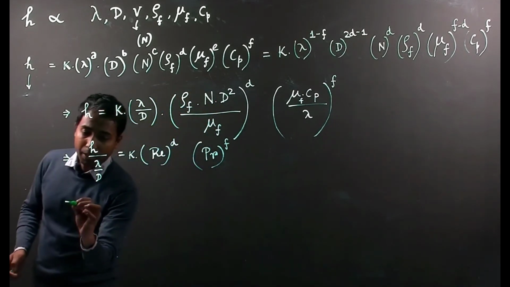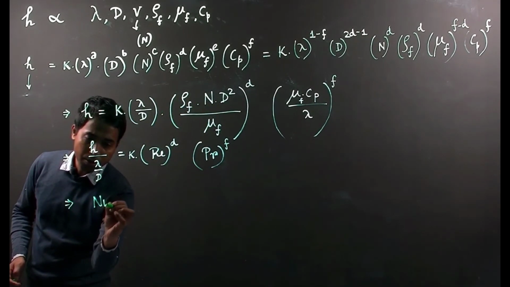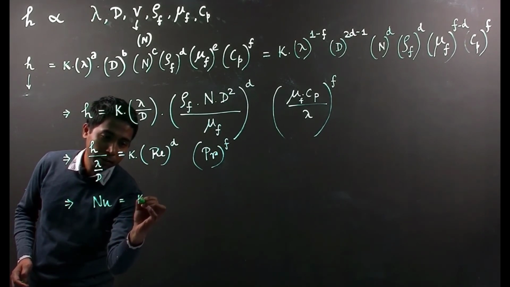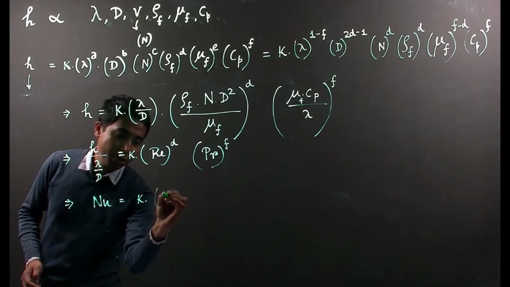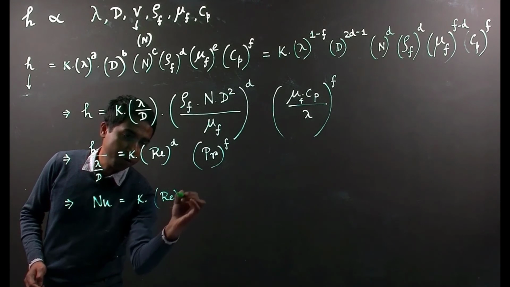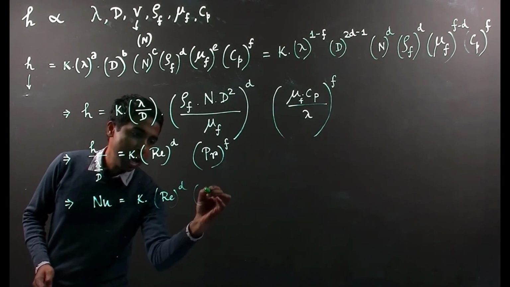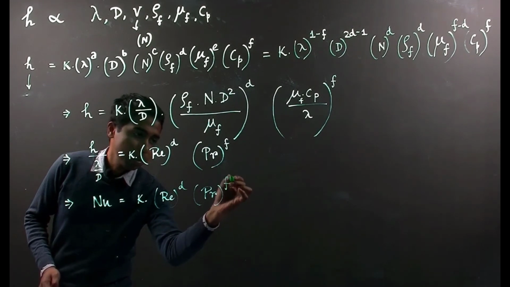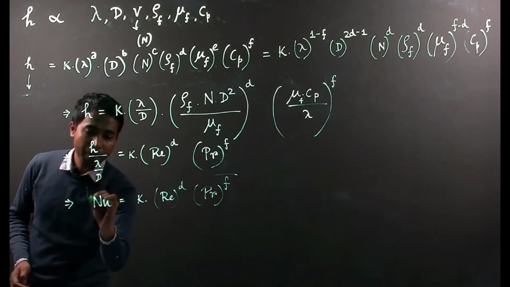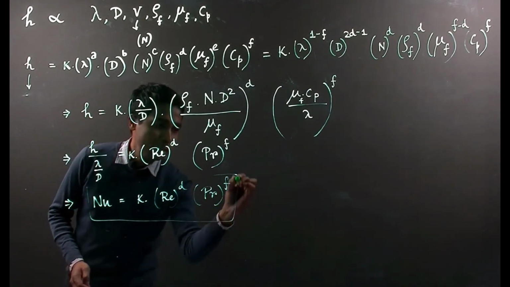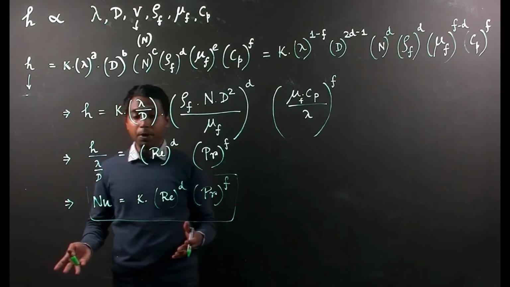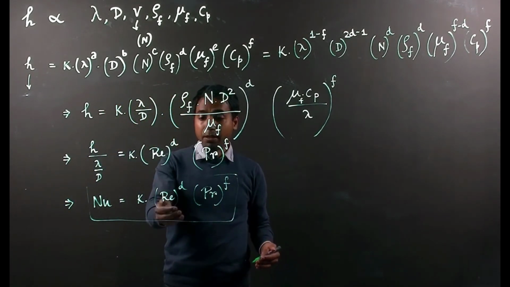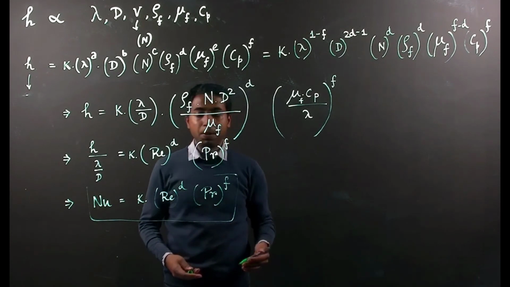We are going to write this as the Nusselt number, which is then a function of Reynolds number and Prandtl number. And that is the final expression, that Nusselt number is actually dependent on the Reynolds number and the Prandtl number.